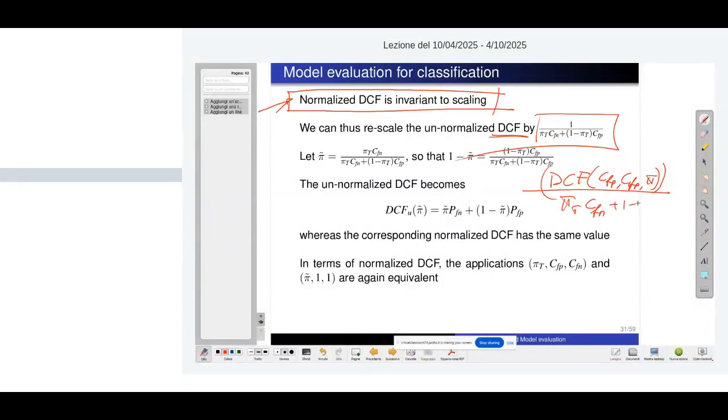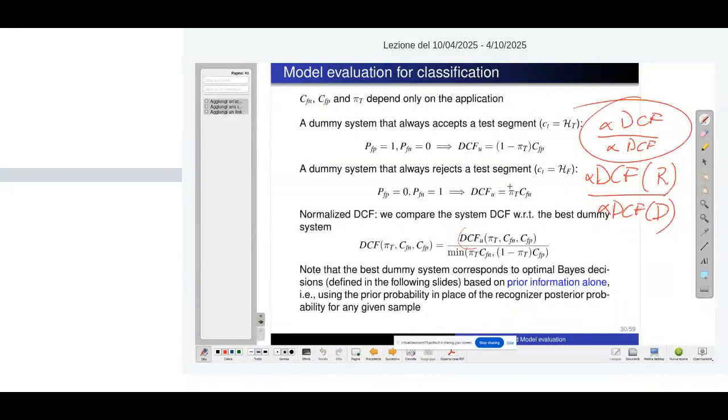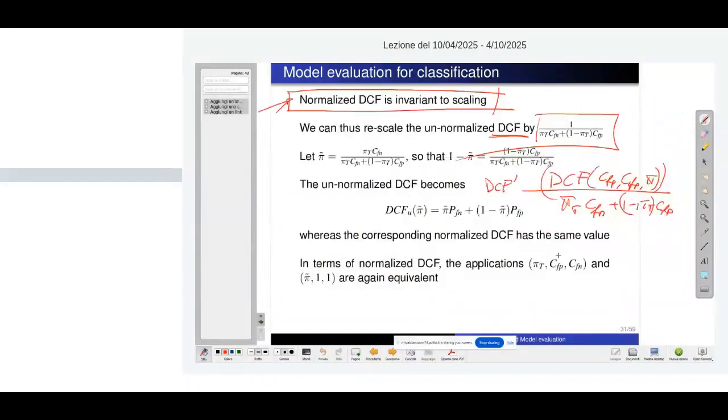So we use this new DCF, let's call it DCF prime, and then we define our normalized DCF in terms of the DCF prime. So here we use DCF prime, so all of these will be scaled by the same factor, okay? The normalized DCF remains the same because the scaling factor will be the same for both numerator and denominator.